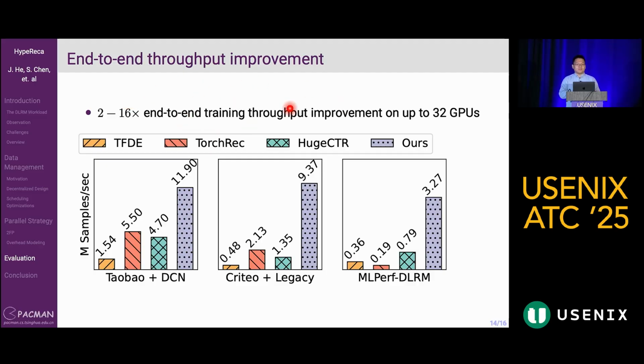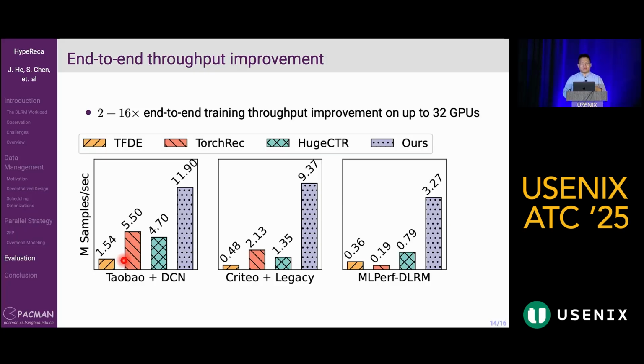And HugeCTR is a native implementation. It's written in C++. Okay, finally, our system. So we can see from these graphs that we can achieve about 2 times to 16 times end-to-end training throughput improvement in different scenarios.